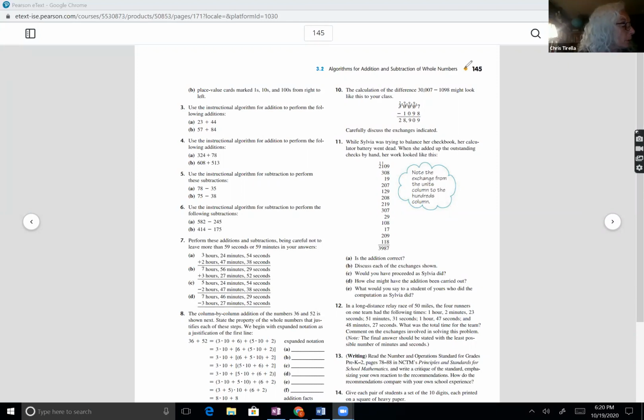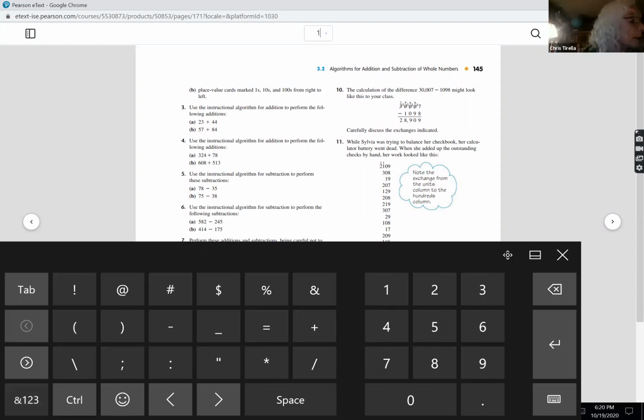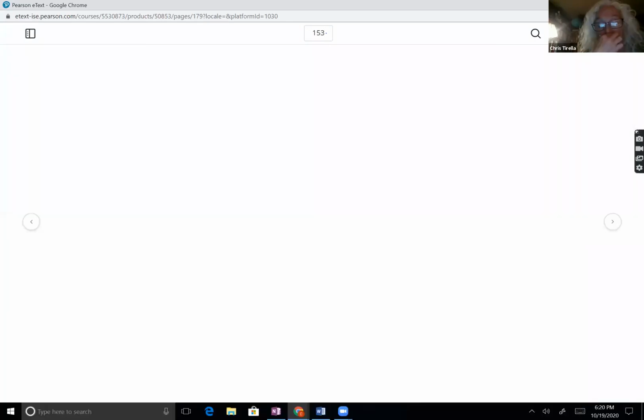How did everybody do on page 153? There was one question in there that was a little bit different than what we did in class, but I assigned it because through my years of teaching at the college, I know people who multiply this way. And because I've had students that multiply this way, I thought, well, it's different than any of the models that the authors presented.